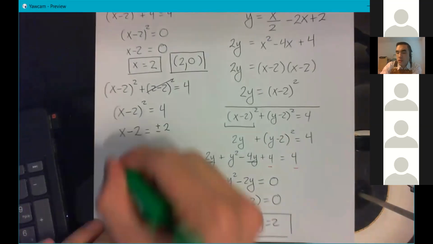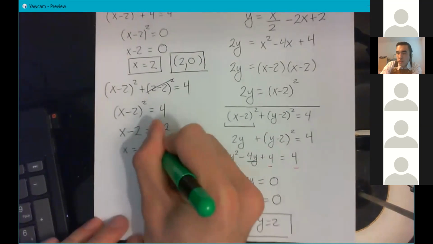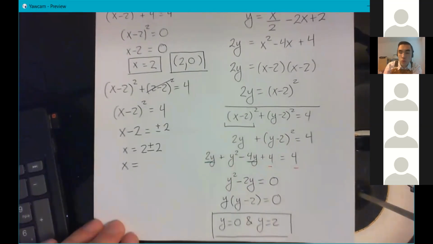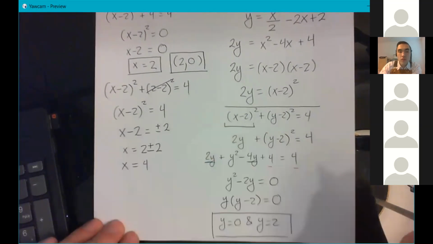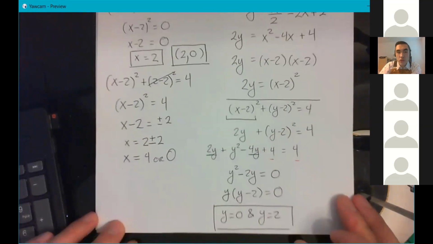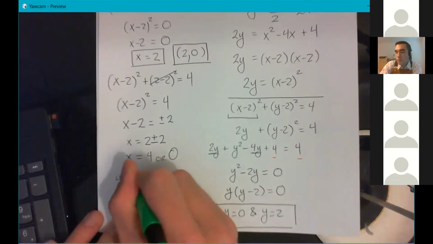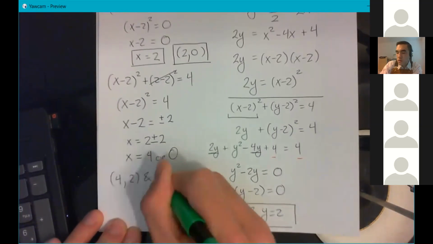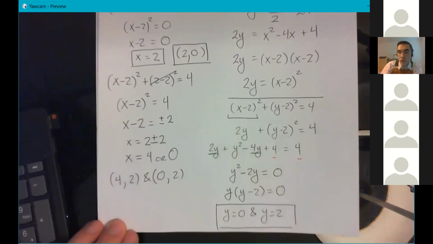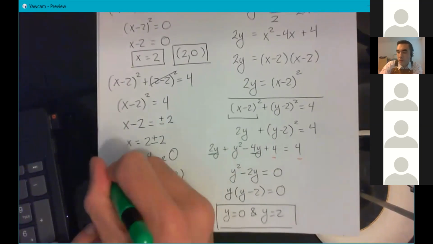And so x is going to be equal to 2 plus or minus 2, which is to say x is going to be equal to, well, if it's 2 plus 2, that's going to be 4. If it's 2 minus 2, it's going to be 0. And this is how we get the other 2 ordered pairs in our set, (4, 2) and (0, 2), along with our third coordinate, (2, 0), which we solved for up above.